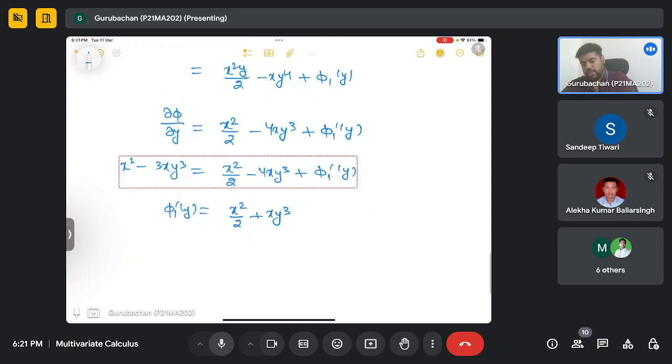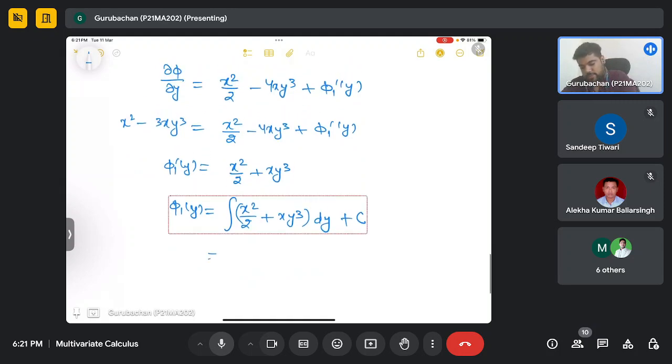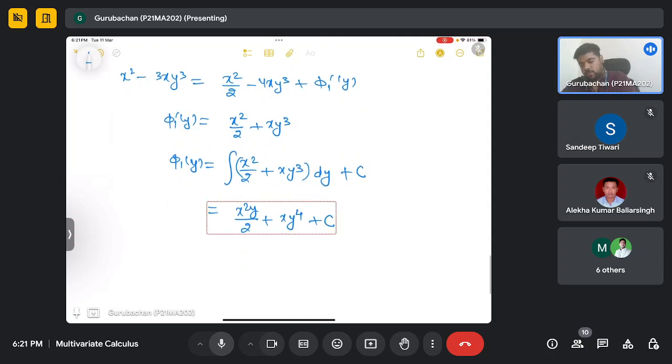Now we have to integrate this with respect to y. So we will get x square by 2 plus xy cube integrated with respect to y plus some constant, which will give us x square y by 2 plus xy to the power 4 plus constant. Now put this value into phi x y.